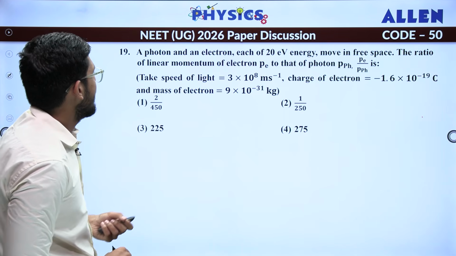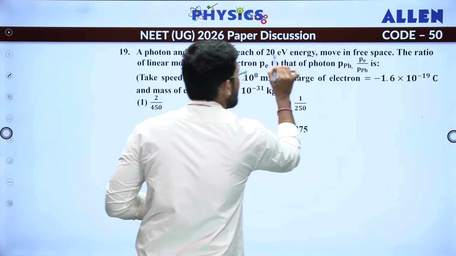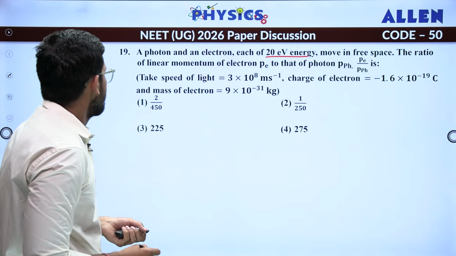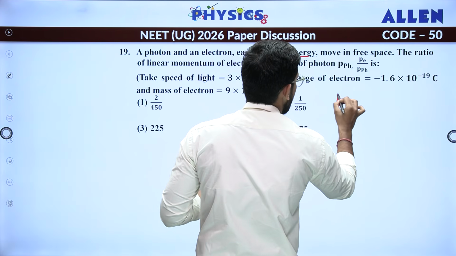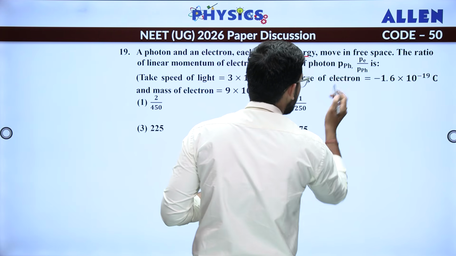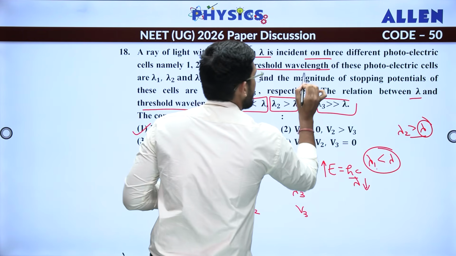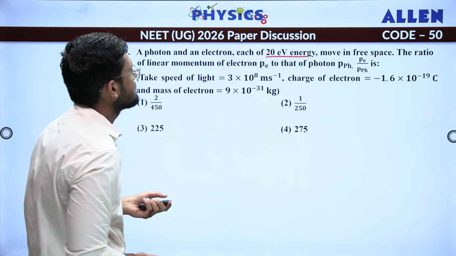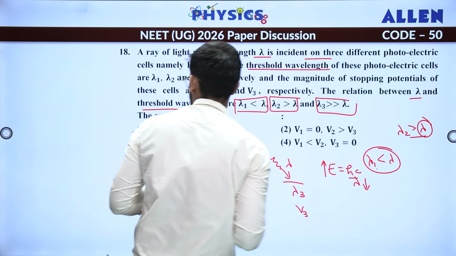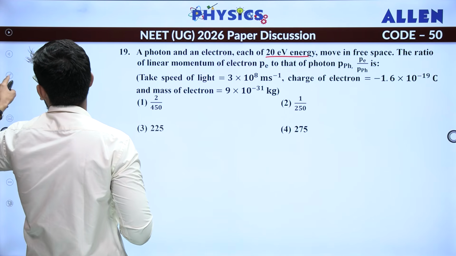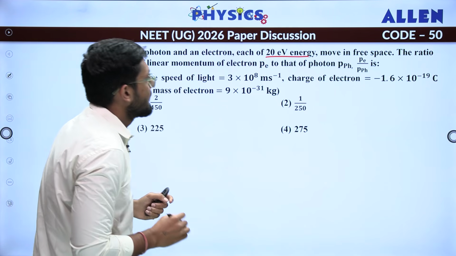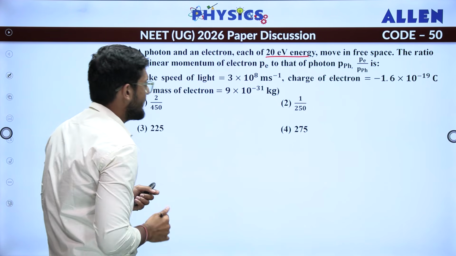Next, a photon and an electron of energy E. This energy is given to you, right? In this case, we need the ratio of the linear momentum of the electron to that of the linear momentum of the photon. So you just need to take the ratio of these two.